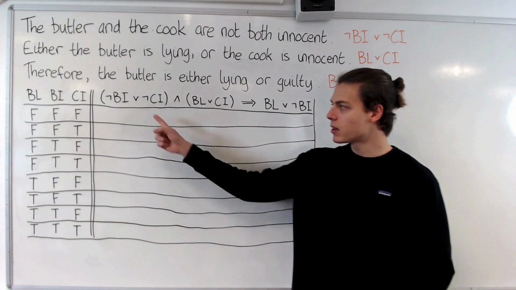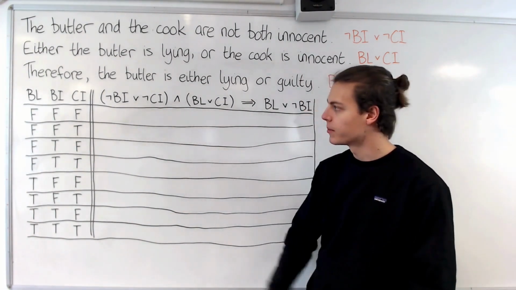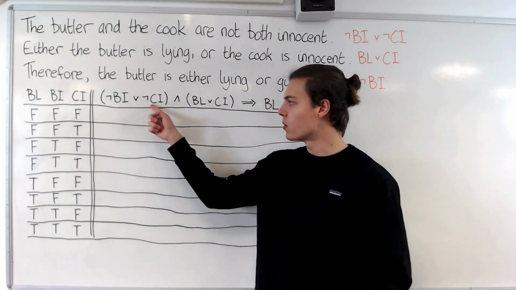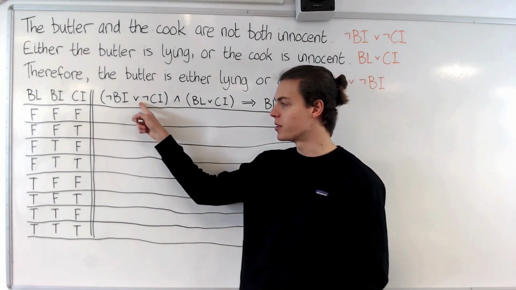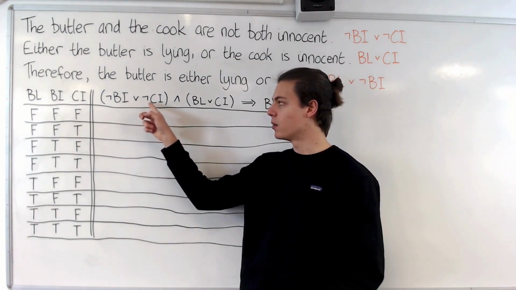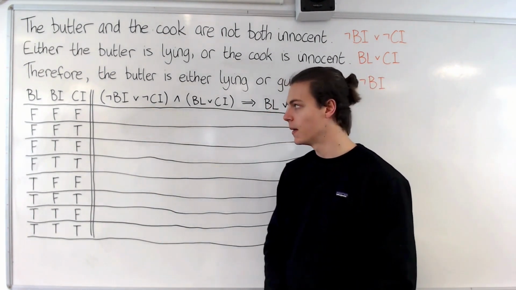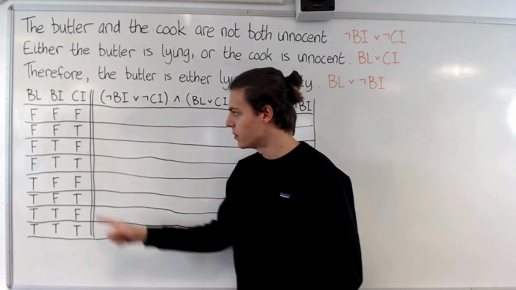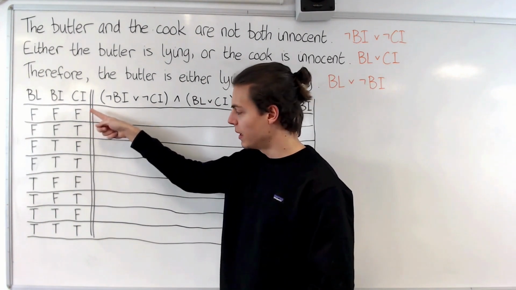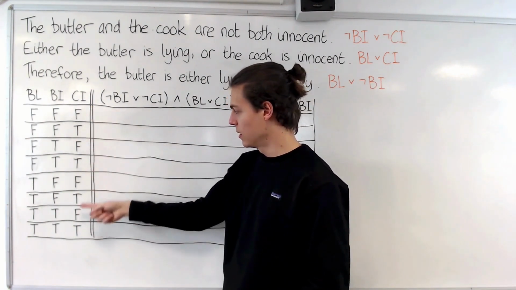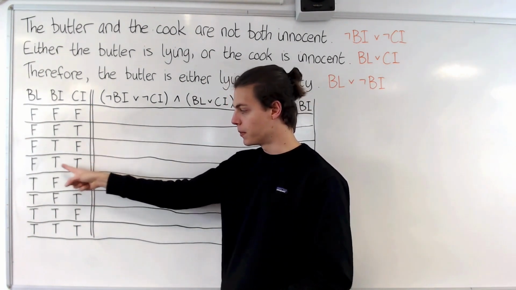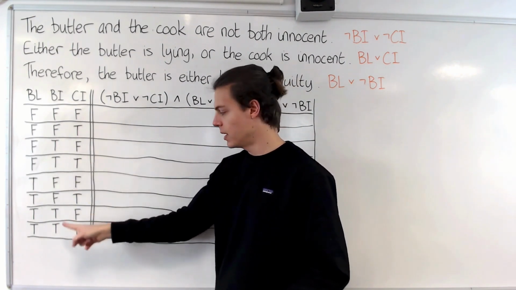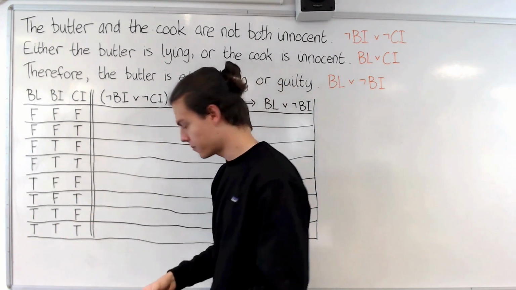Okay. So let's look at this or column here. So not BI or not CI. So this column is true if either BI or CI is false, and false otherwise. So you see that it is true in all rows except the fourth, where both are true, and the last.